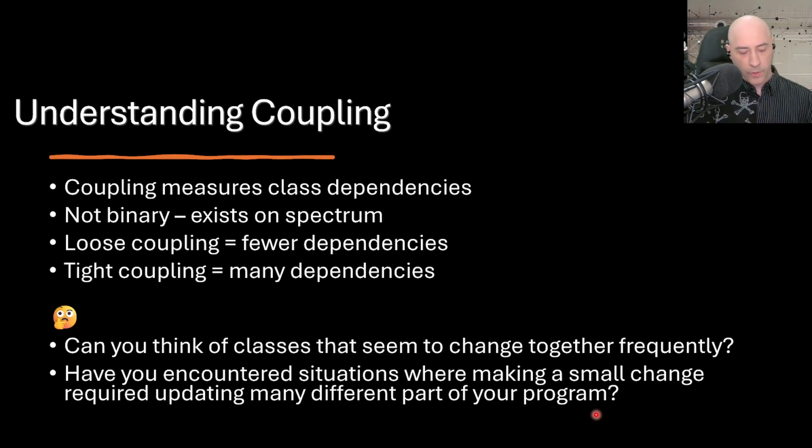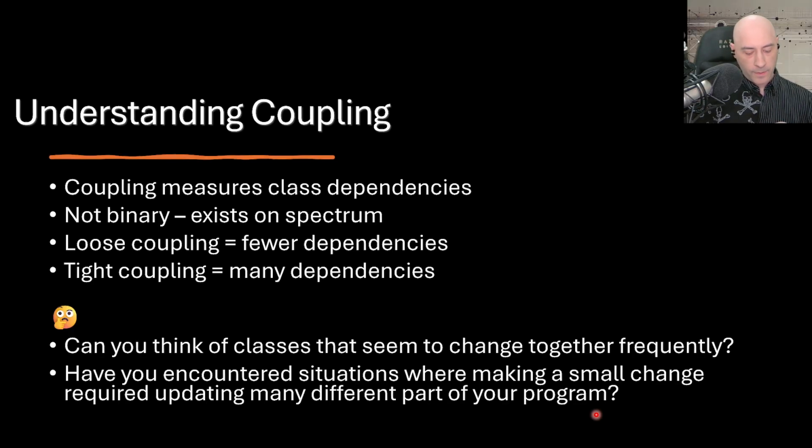As we continue through this presentation, we're going to see concrete examples of loose and tight coupling and learn strategies for finding the right balance in our code. We'll also see how other principles, like the most restrictive access principle, help us manage coupling effectively.